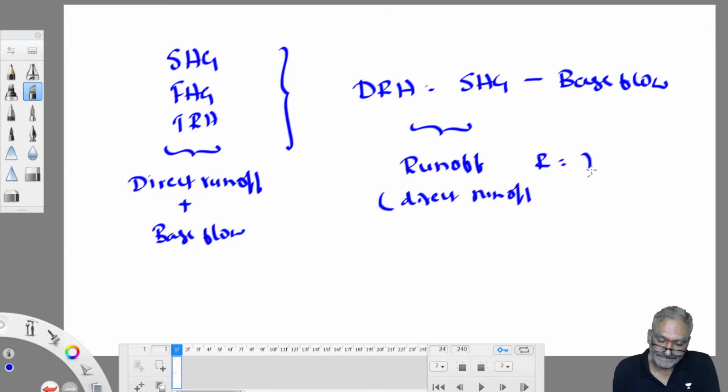Now let us see the next level. Before the unit hydrograph concept was coined, the hydrograph application was only finding runoff. Beyond that, it was of no use to us.